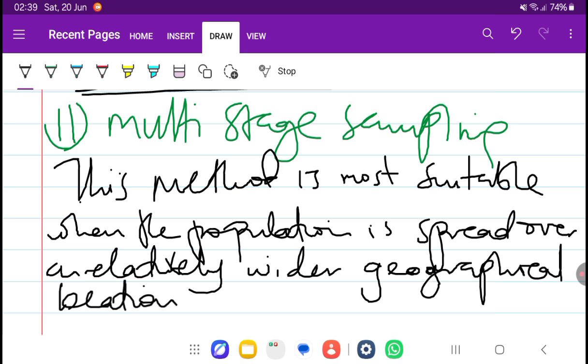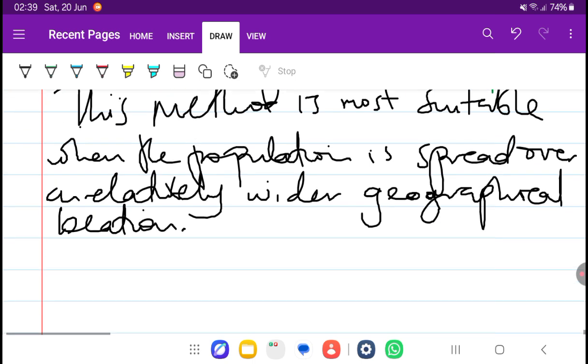So it can be used if the population is spread over a very wide area. Like for instance, we have spoken about if we are carrying out a survey on Uganda as a country. We've said Uganda is going to be having very many people that are spread in the various parts of the country.